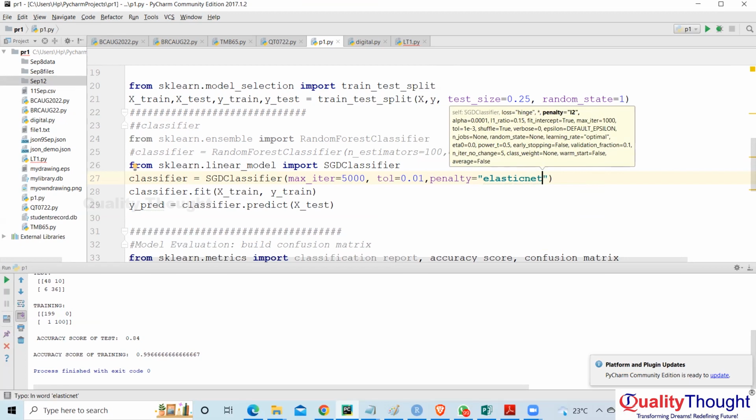Now see the same thing. In Google, go and click scikit-learn.org. It will take you to the official documentation site. If you want to know, you go to the official documentation site and find out this. Elastic net, and that is it, I think.